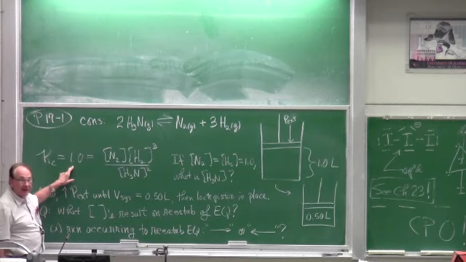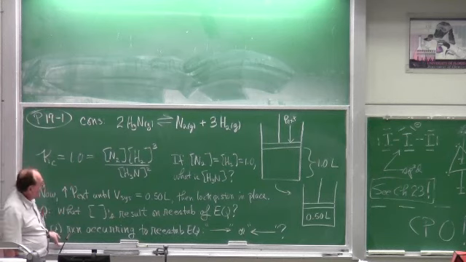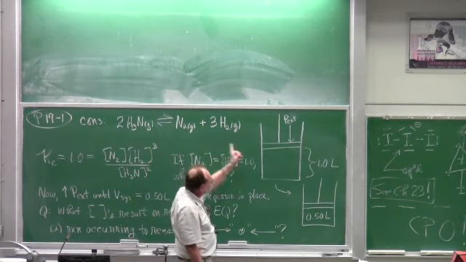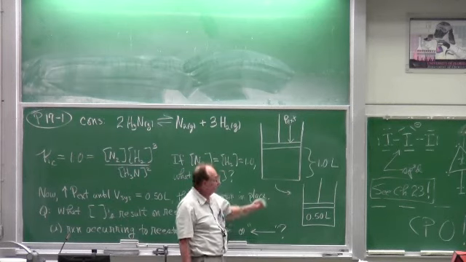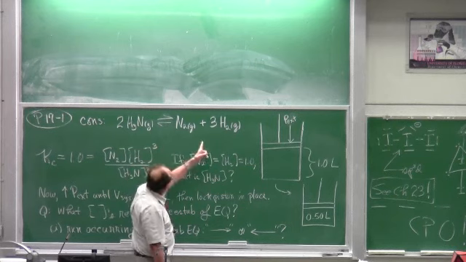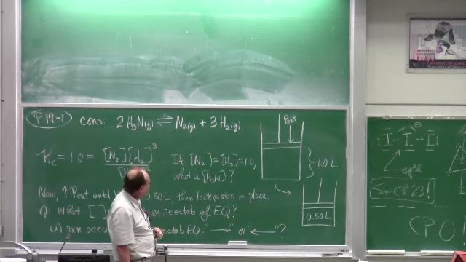But if the K value is anything but 1, then the K value is going to change if I write this in the opposite direction, because it's going to be 1 over. All right? We're studying this system. It exists in this piston cylinder gadget. In this piston cylinder gadget, I have nitrogen, hydrogen, and ammonia in equilibrium with each other.